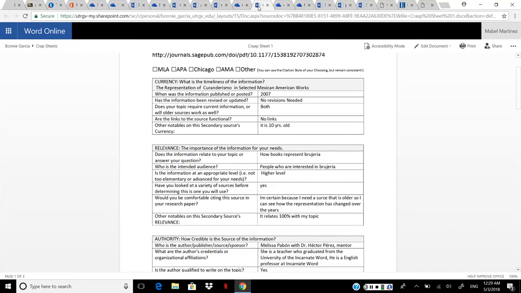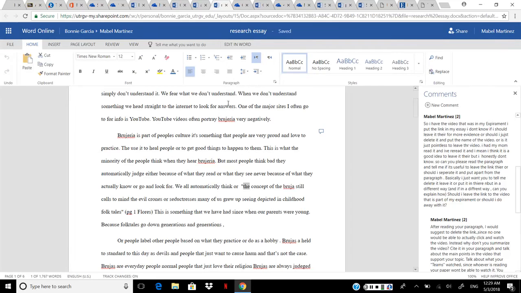Next was my peer feedback. I knew what peer feedback was before this semester. I knew that peer feedback was just you asking your peers for input on a specific part of your essay.